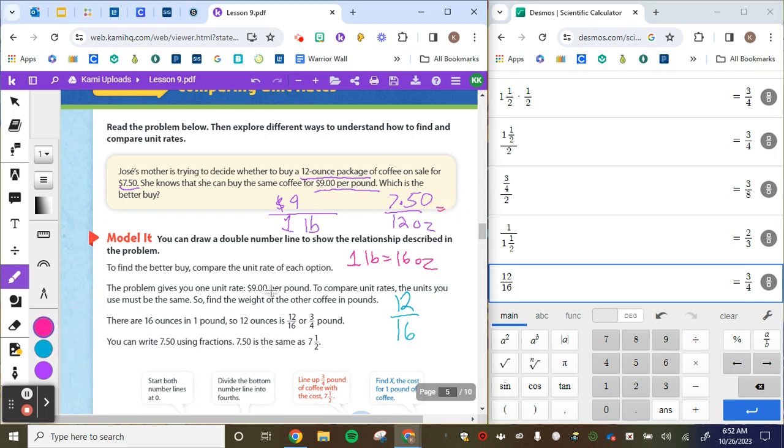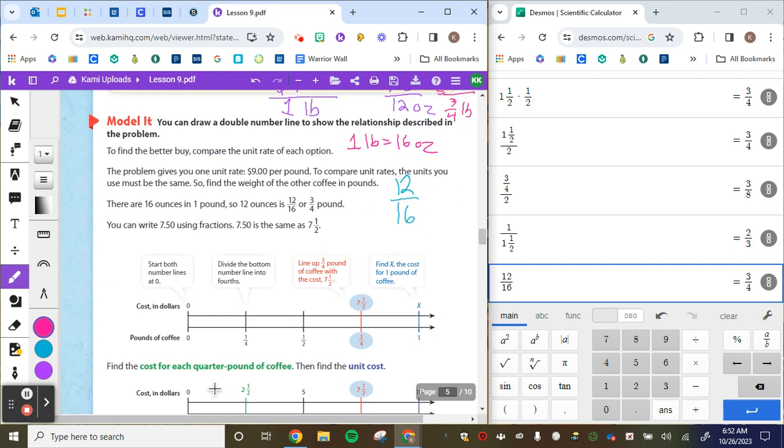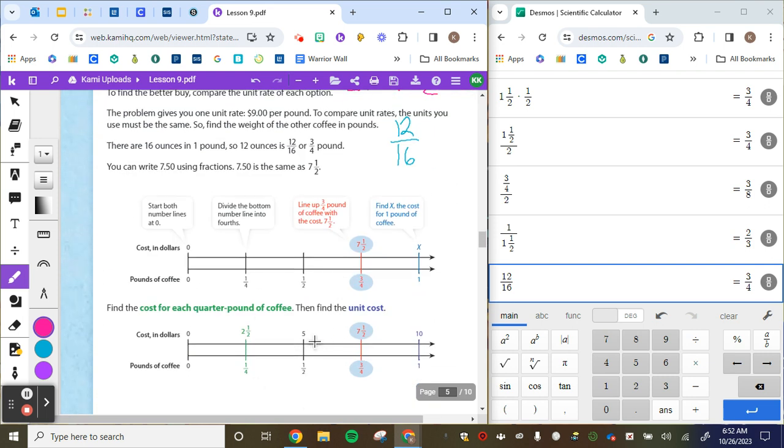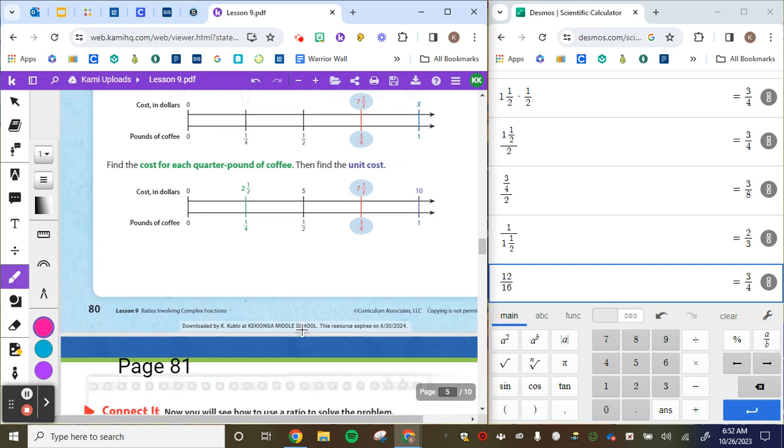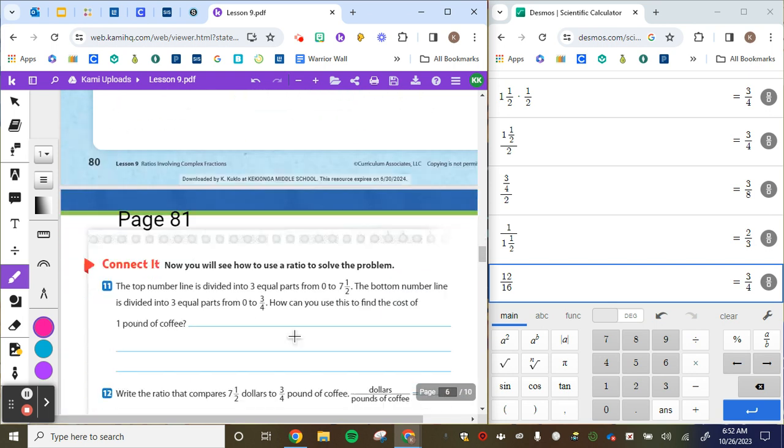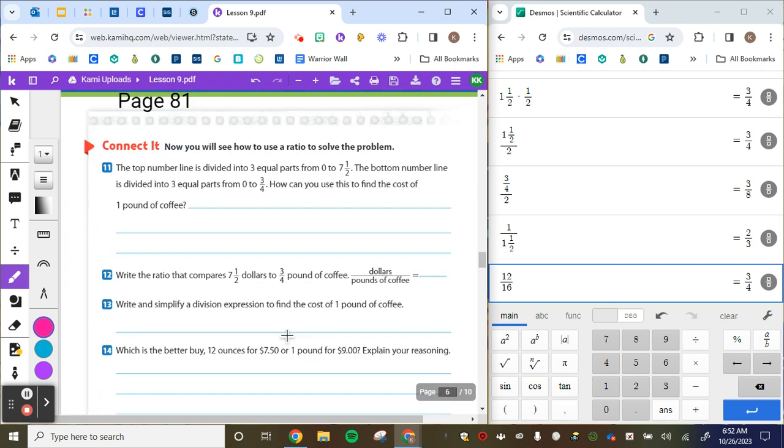So what we've figured out here, the number that we're going to use is $7.50 for 3/4 of a pound. And then they also showed you the double number line way. I don't like that way because I like that it shows you the proportional relationship, but it takes a long time. So it helps you understand better. It's easier, but it also takes more time to solve that way.